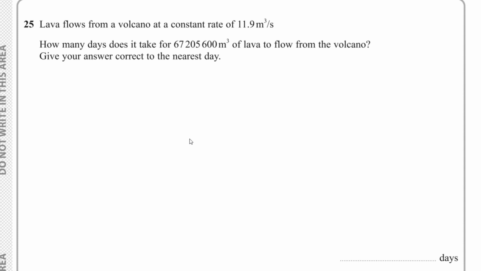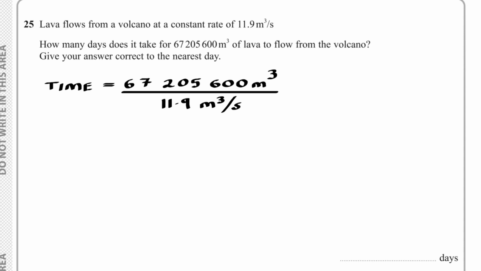Question 25. Lava flows from a volcano at a constant rate of 11.9 meters cubed per second. We have to find out how many days it takes for 67,205,600 meters cubed of lava to flow from the volcano. Give your answer correct to the nearest day. So, the time is equal to the total volume divided by the rate.